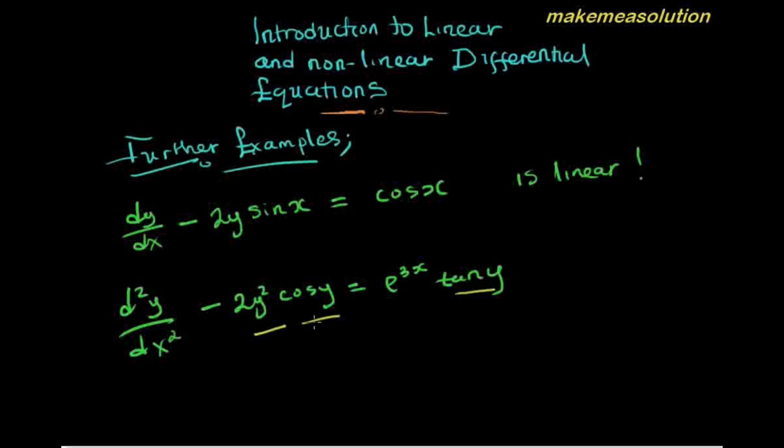So we have cosine of the dependent variable and tangent of the dependent variable. Even if this first term satisfies the fact that it has a power of 1, this term over here and this term over here violate the criteria that I stated earlier, making this particular ordinary differential equation not linear. So that brings us to the end of this video.